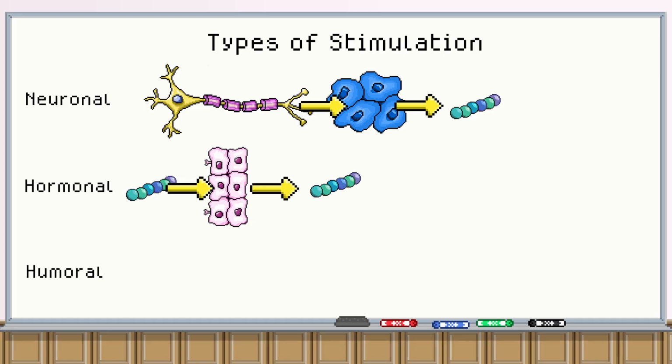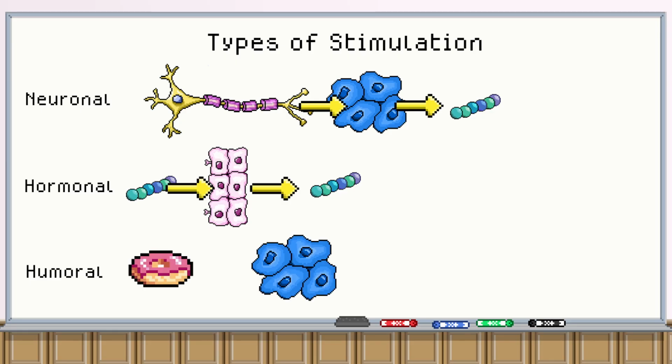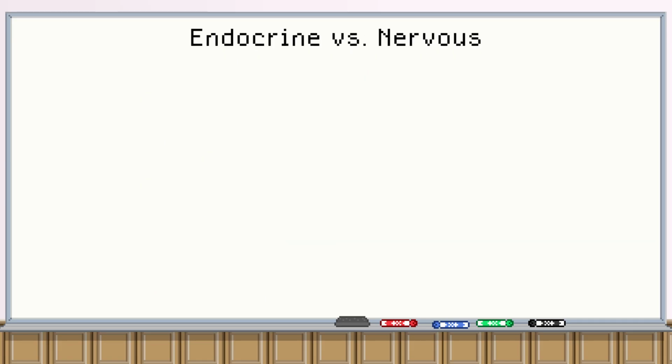You'll see this a lot with hormones that are part of the hypothalamic pituitary axis. Humoral stimulation is when hormones are released when a change in nutrient levels is detected. So for example, an increase in glucose levels in the blood causes the release of insulin by endocrine glands in the pancreas.